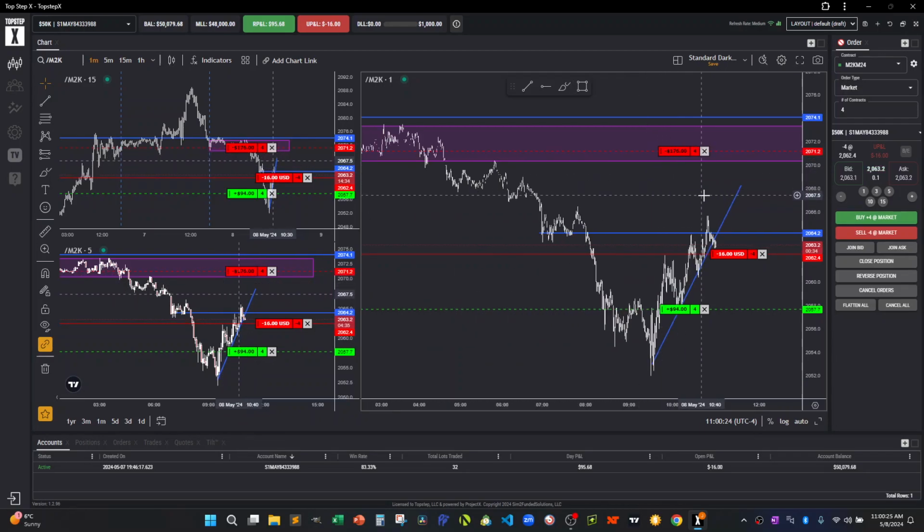So however far you want to go, I kind of advise using a 1-to-1. And if the price, for example, if that was going to come up, test here, and then continue pushing, well, then we know we're definitely wrong. We're going to take a small loss on our risk.